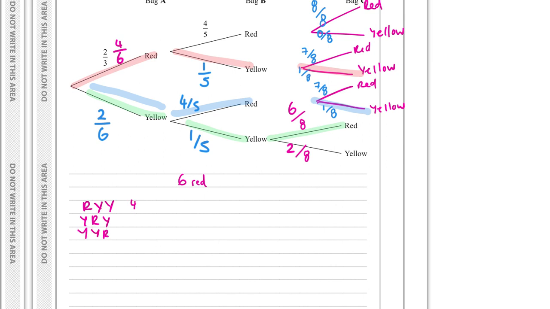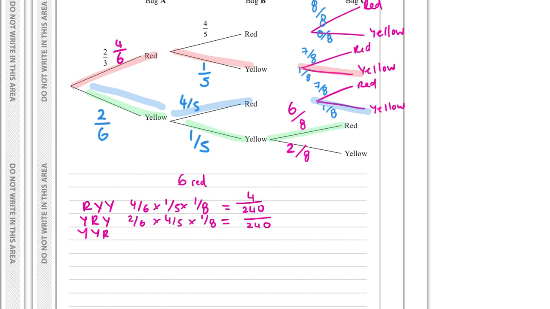So we're going to have 4 over 6 times 1 over 5 times 1 over 8, which is going to give us 6 times 5 is 30 times 8, 240. And that's 4 over 240. Then yellow, 2 over 6, times red, 4 over 5, times yellow, 1 over 8. Again, it's out of 240.